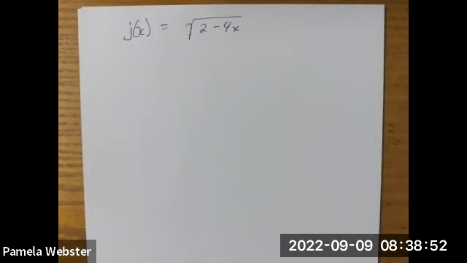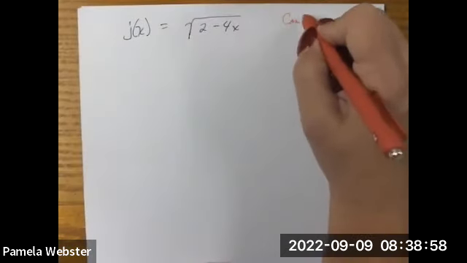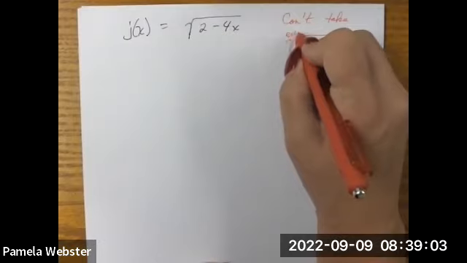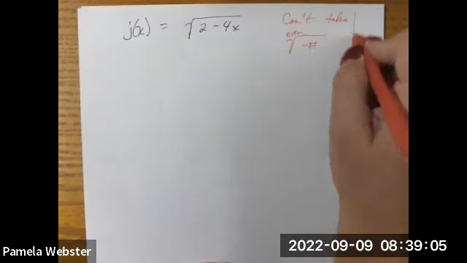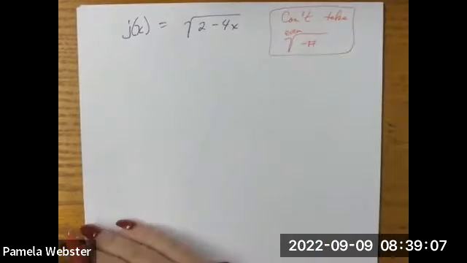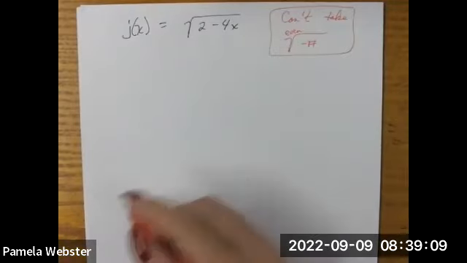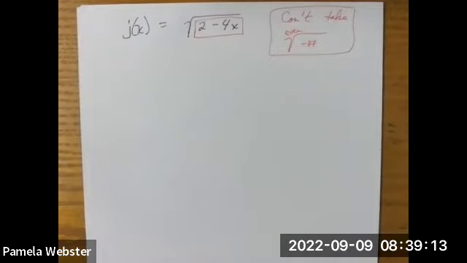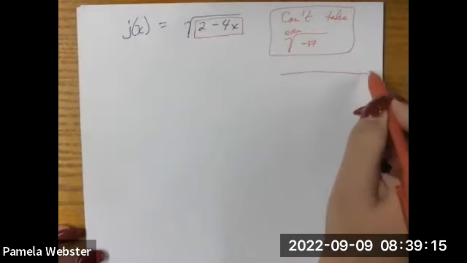I can't take a square root of a negative number. Do you remember that? I can't take a square root, or a fourth root or something like that, of a negative number. So when I go to do that, I say, all right, this stuff in here can't be negative numbers. Well, again, where are my negative numbers?